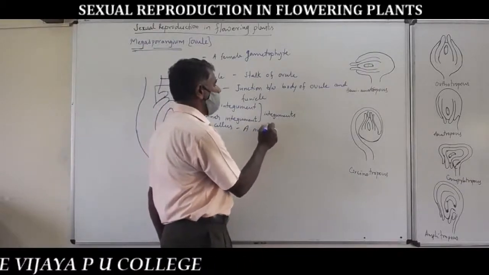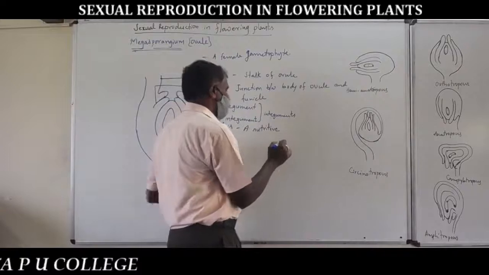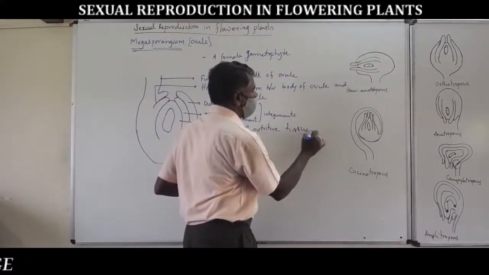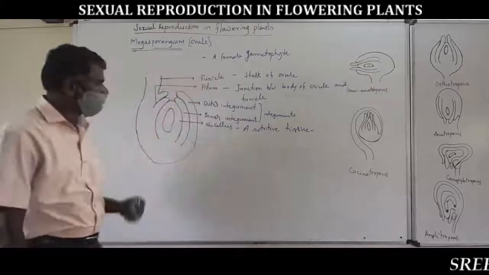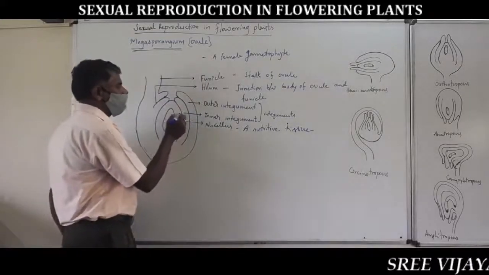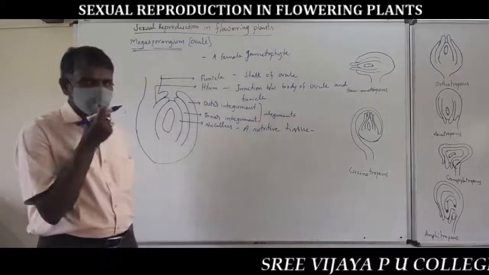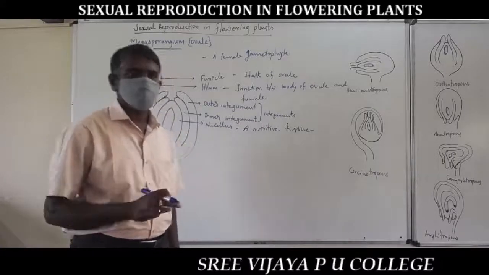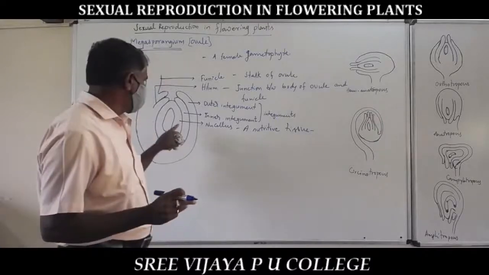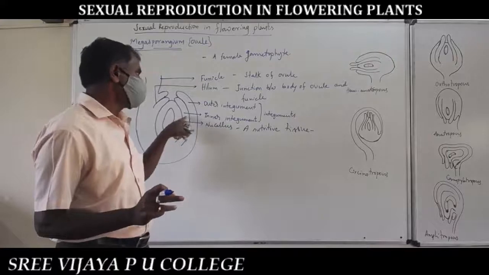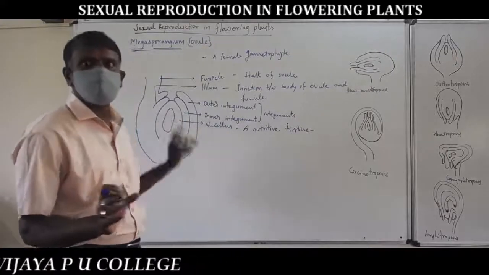This nutritive tissue consists of larger cells with dense cytoplasm and a prominent nucleus, a nourishment tissue present inside the integuments.